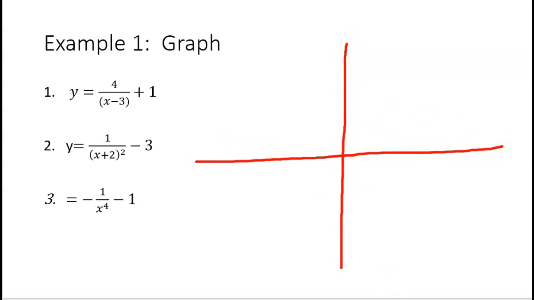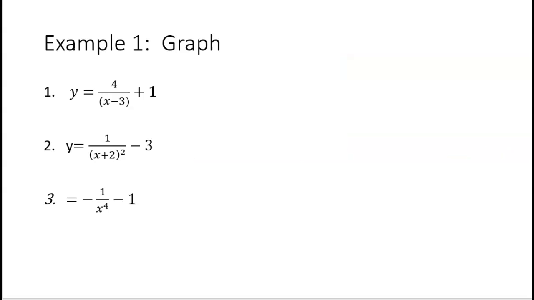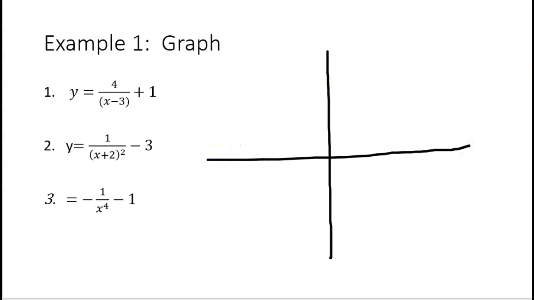All right. So what is the vertical asymptote for this function? Vertical asymptote is the opposite of whatever number is next to the x. So in this case, my vertical asymptote is going to be -2. And so I'm going to draw a vertical line at -2, on the x-axis.